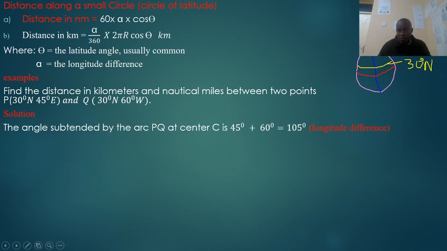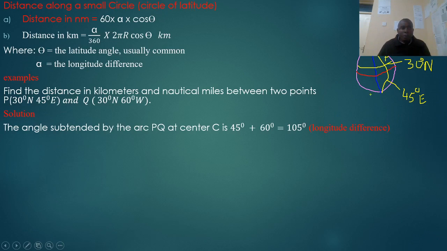So if I talk about 45 degrees to the east, I call this 45 degrees east, so this becomes my point P. This is my point P. My point P is there.